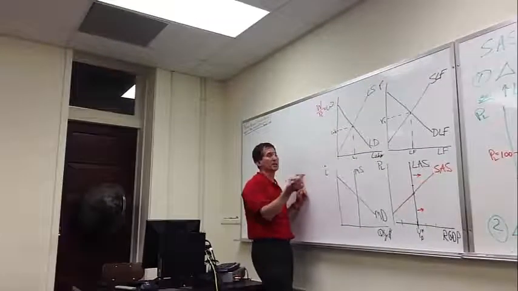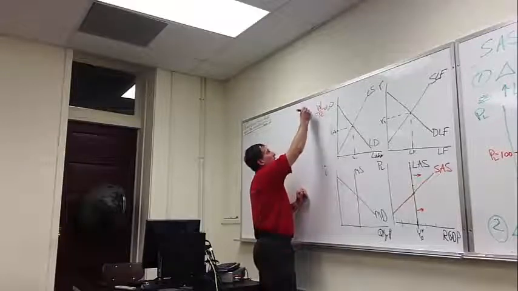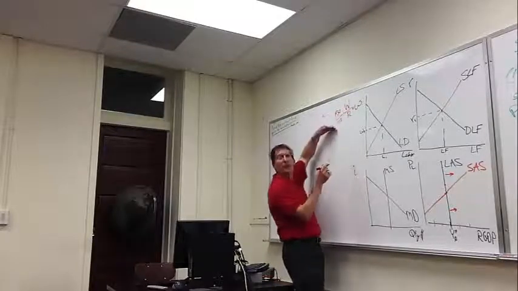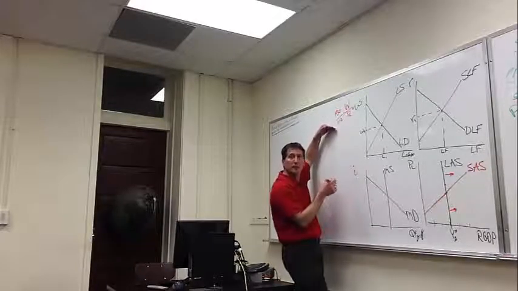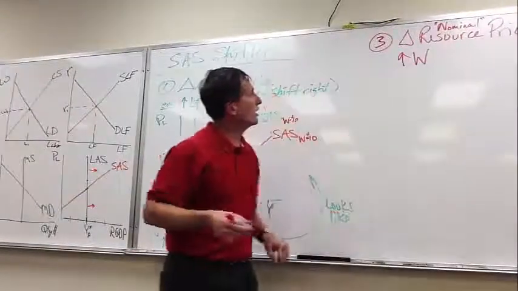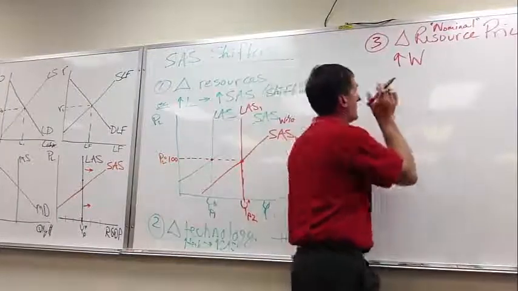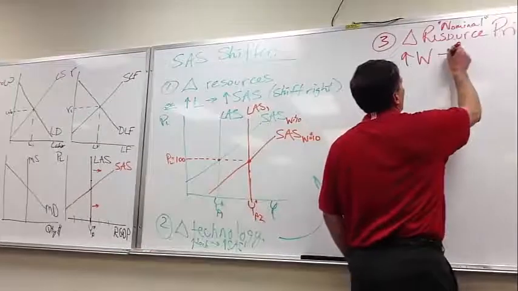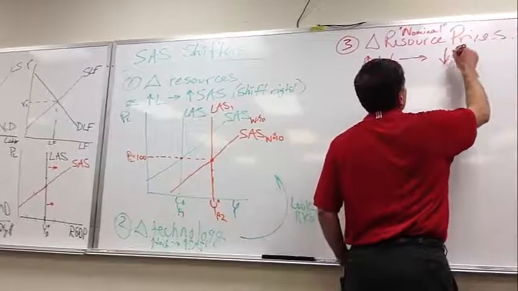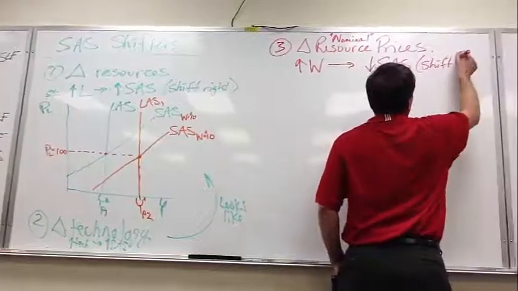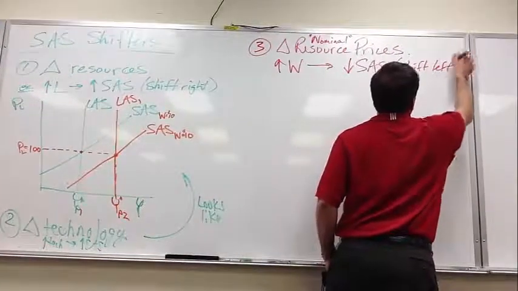That's where we went through those examples of if I'm making $30 an hour, but the price level is 112, the real wage is 30 divided by 1.12. Right? So we're talking about big W over here now. If there's an increase in nominal resource prices, that's going to lead to a decrease in short-run aggregate supply, a shift to the left.